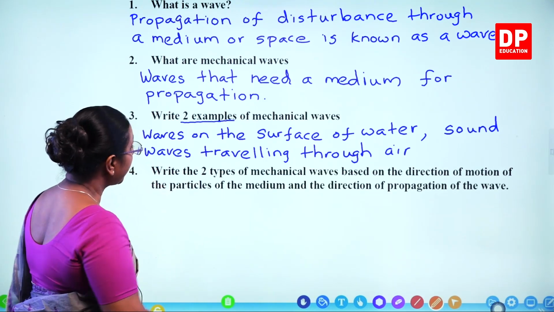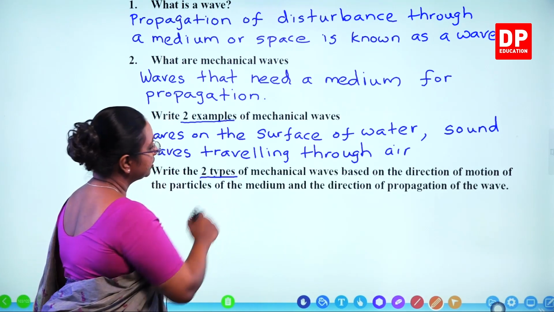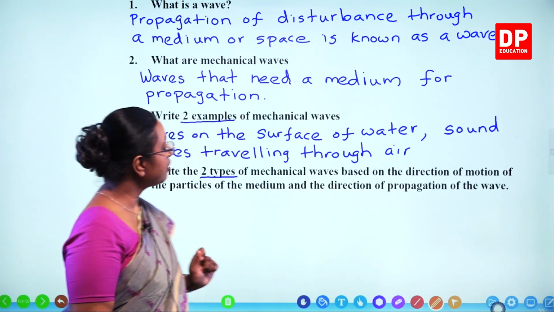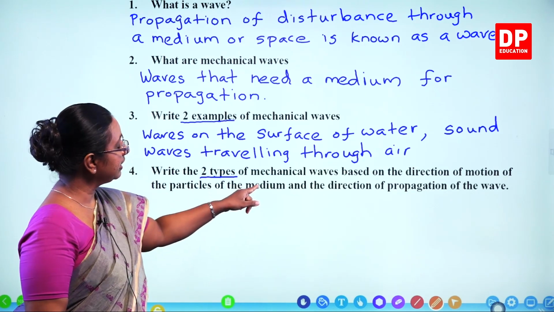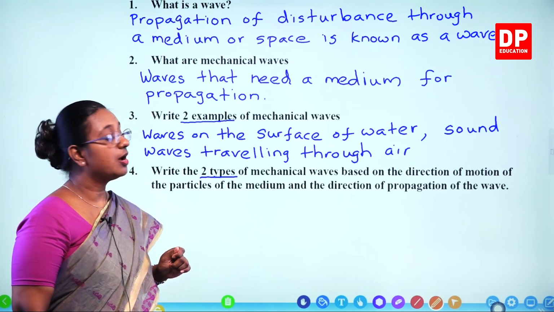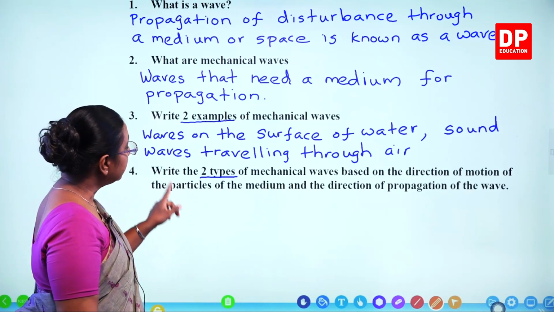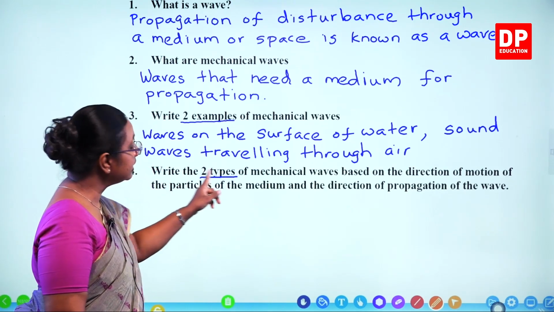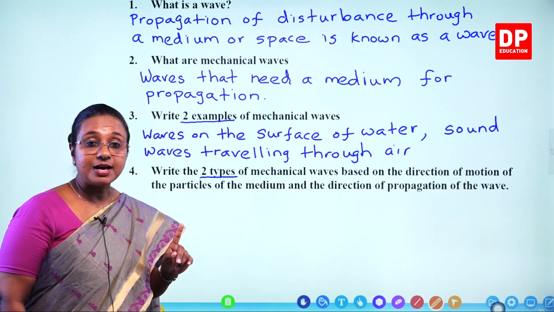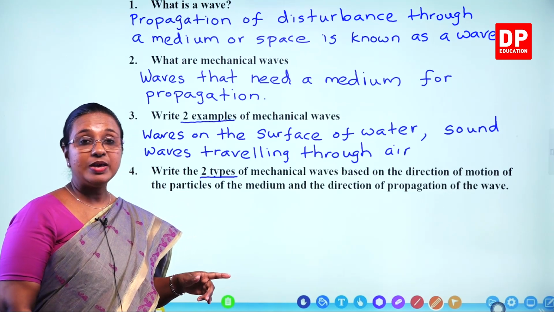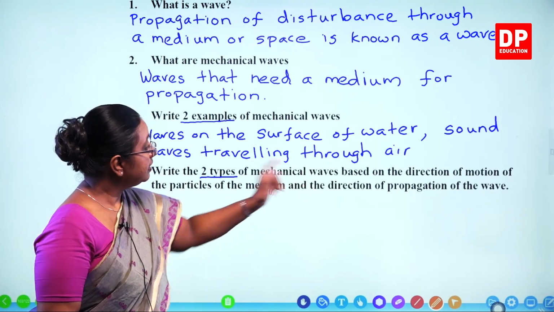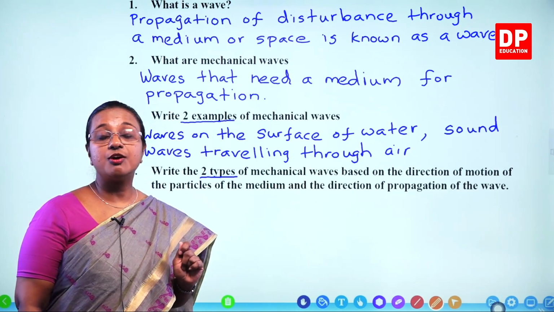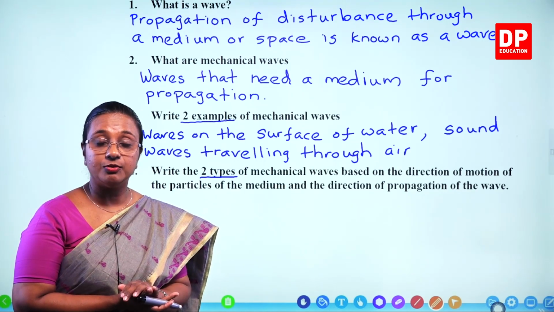Write the 2 types of mechanical waves. So, this is what I told you. Based on the direction of motion of the particles of the medium and the direction of propagation of wave. Here you don't have to explain, they only want you to write the 2 types. What are the types? The transverse wave, where the direction of motion of particle of the medium and the direction of the wave are perpendicular.